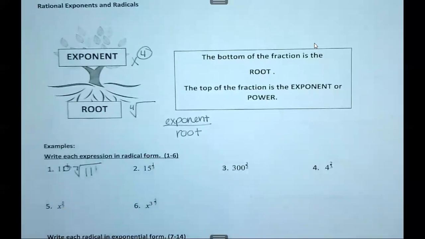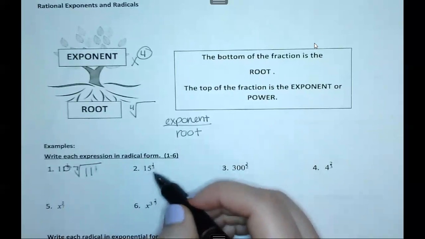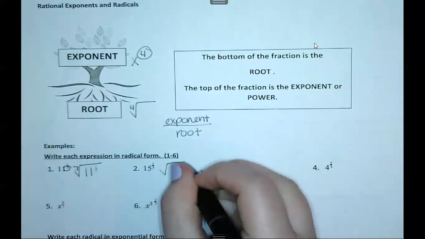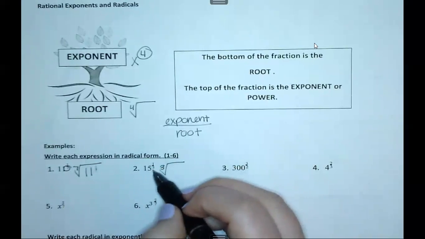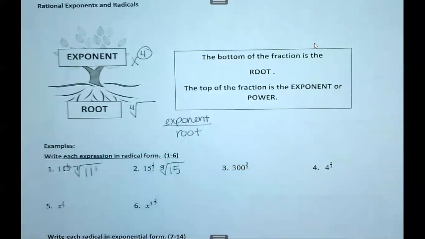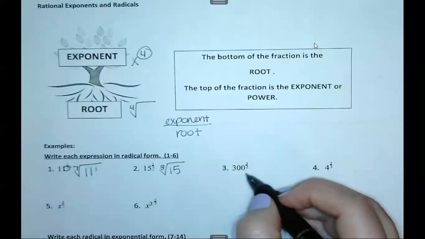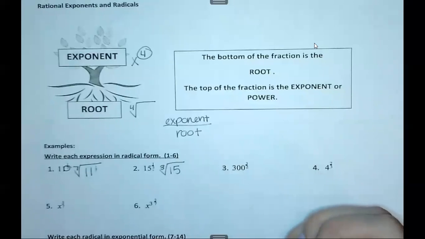All right, so on number 2, we've got 15 raised to the 1/3 power. So we will need a cubed root. Our root was 3, which is on the bottom. And our 15 has an exponent of 1, but again, it's not necessary that we write 1 as an exponent. Okay, number 3, we have 300 to the 3/2.